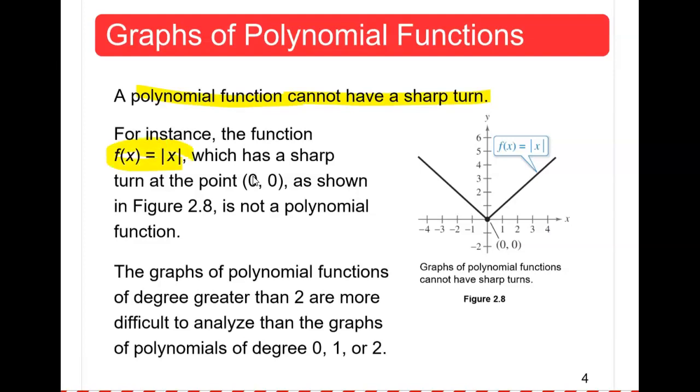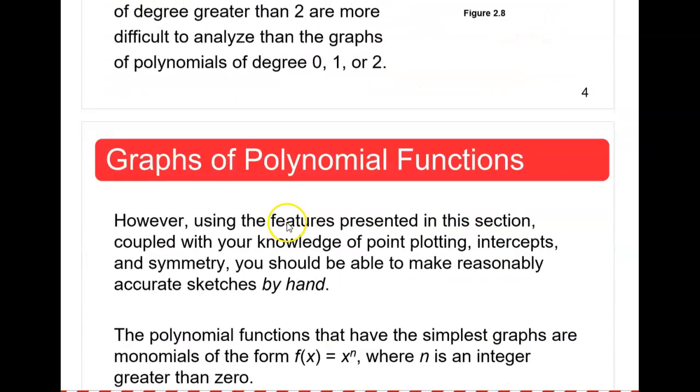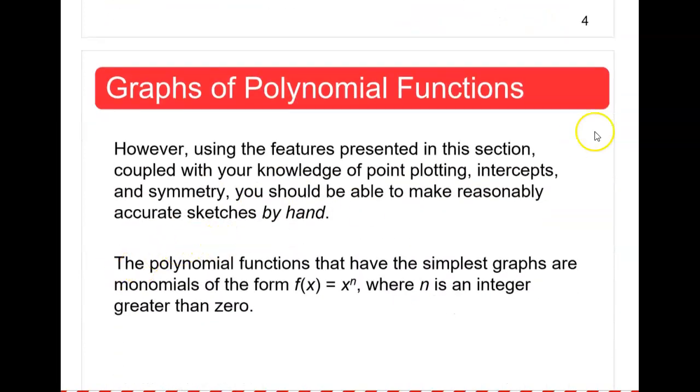The absolute value, as you can see here, we have graphed that before. The turn is at the origin, the point (0, 0), and definitely is a sharp turn. So of course it cannot be the graph of a polynomial.